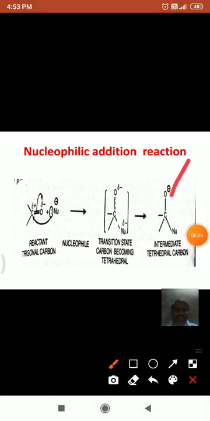The presence of alkyl groups intensifies the electron density on oxygen, thereby destabilizing the intermediate transition state, because we know that the intermediate has a negative charge on oxygen. If alkyl groups are present on the carbonyl carbon, they intensify the electron density on oxygen, so it destabilizes the intermediate formed in the reaction.